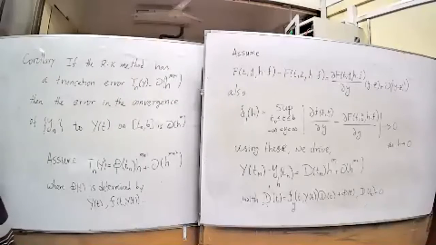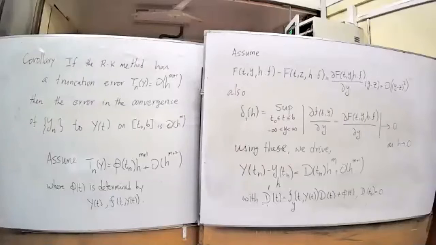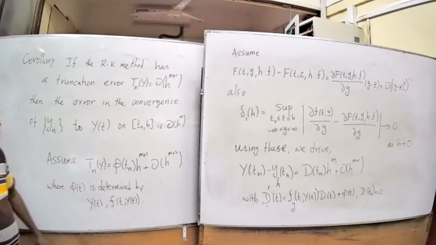So this is basically a polynomial in h with the first term being h to the power m, and that will be the dominant term. The coefficient of h to the power m, d, will satisfy an initial value problem which looks like d prime is equal to the partial derivative of small f times d plus this phi, and the initial value d of t naught is 0.